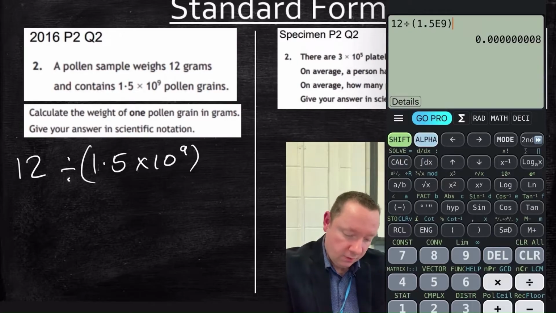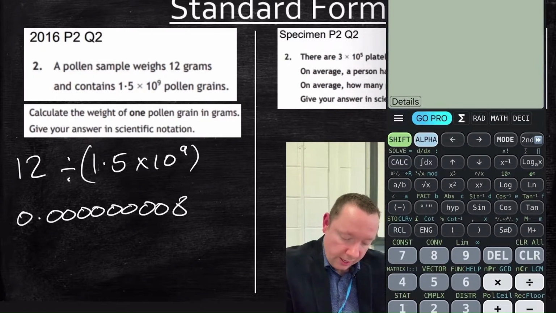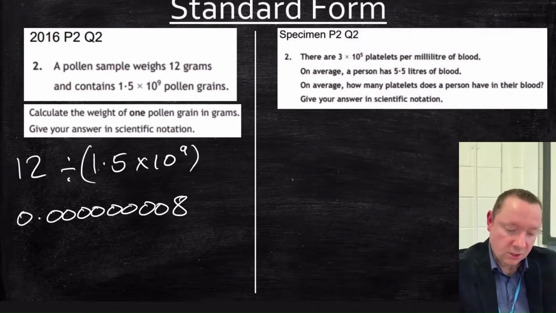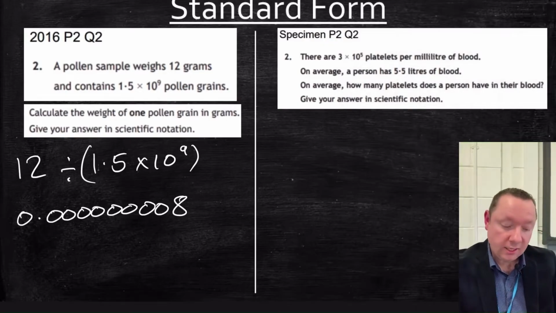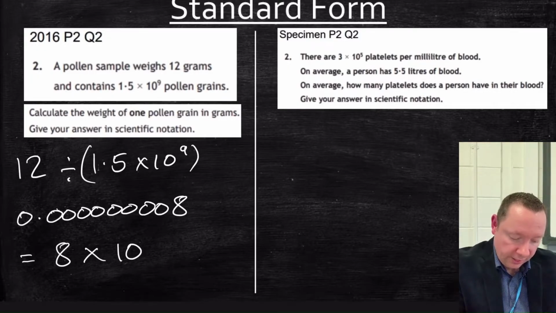So I just write that down. I have to give my answer in scientific notation or standard form, so I just do that in the same way. 8 times 10 to the power of minus 9, counting 1, 2, 3, 4, 5, 6, 7, 8, 9 places.